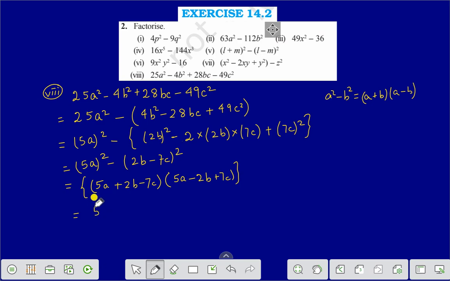Therefore, we are getting (5a plus 2b minus 7c) into (5a minus 2b plus 7c), that is the answer.